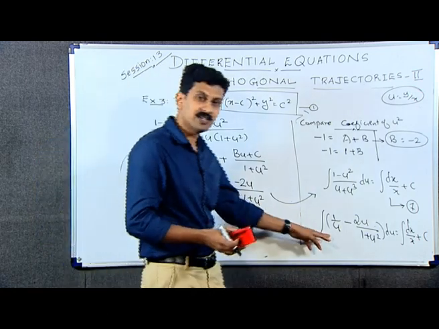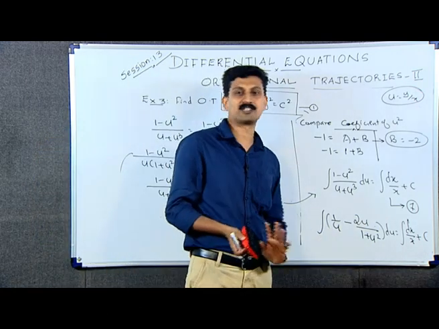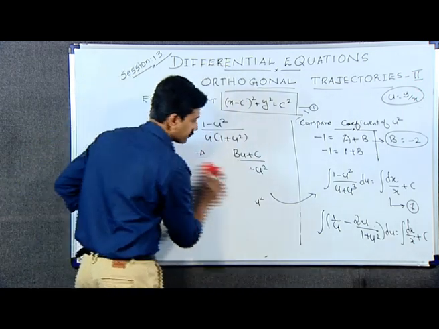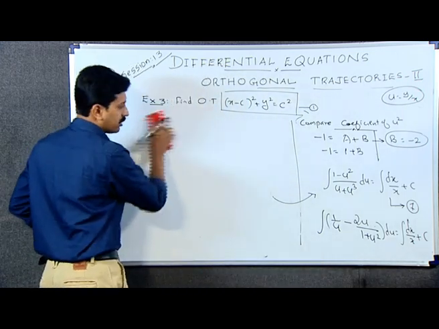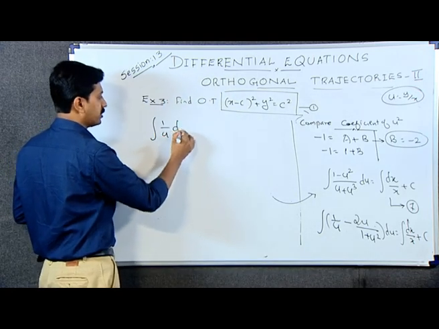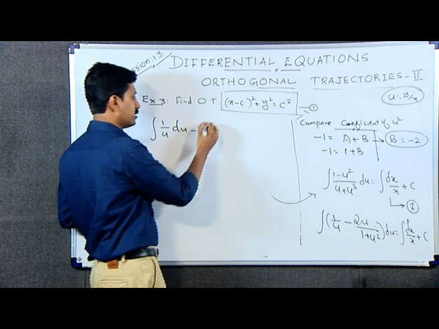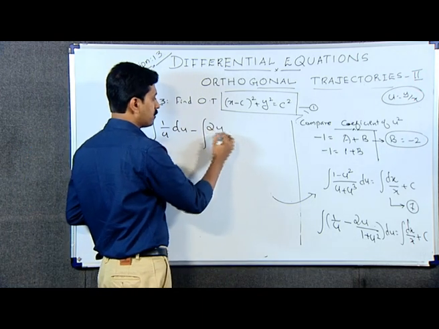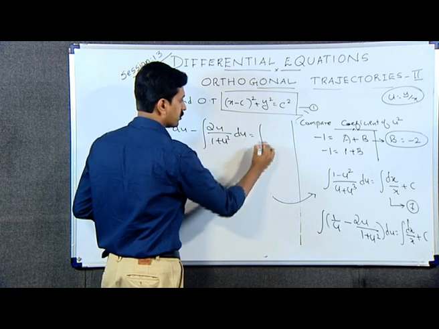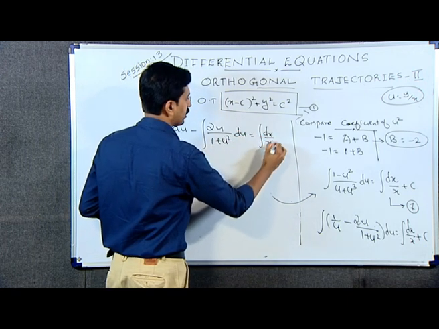Now we are happy, we are able to solve this differential equation. We can write this as the integral of 1 by u du minus the integral of 2 u divided by 1 plus u square du equal to the integral of dx by x plus c.